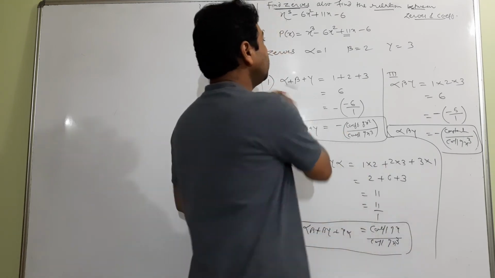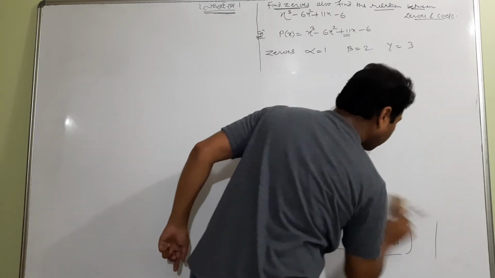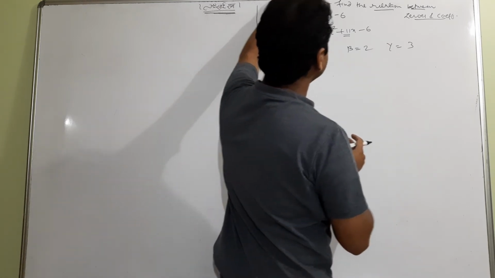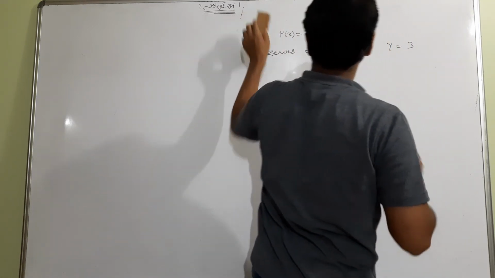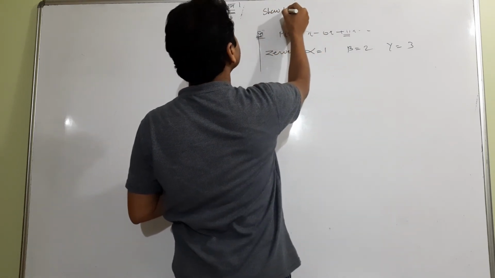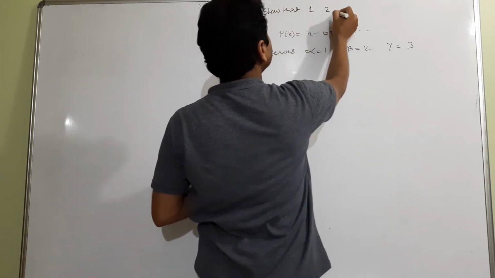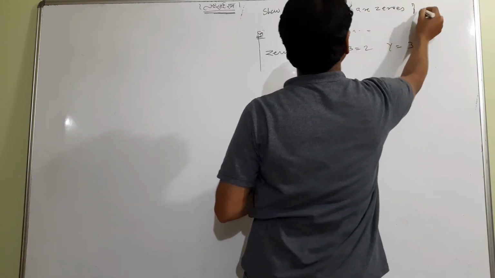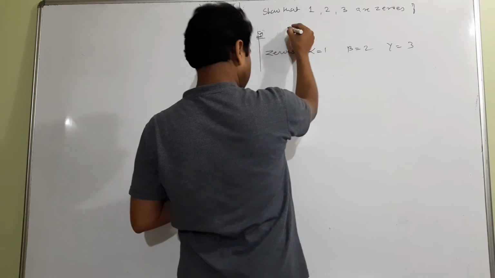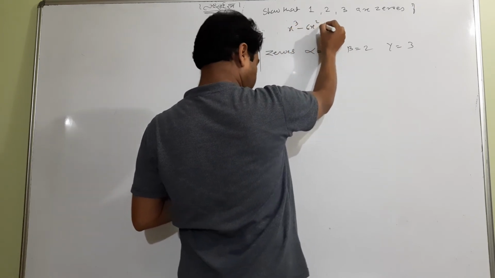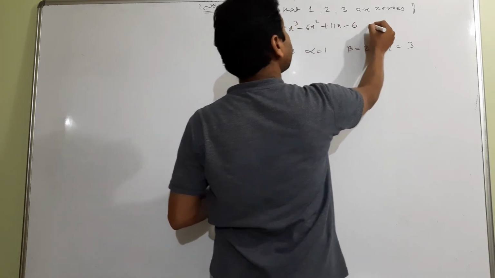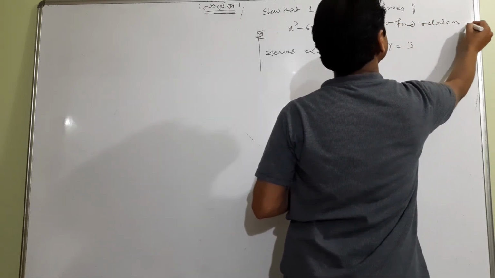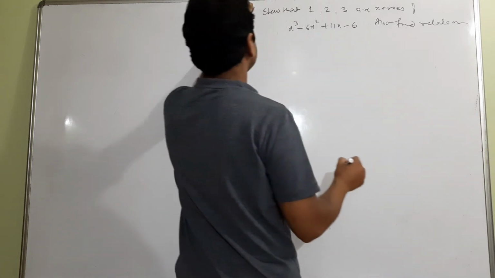But in further questions, if a question comes like: show that 1, 2 and 3 are zeros of x cube minus 6x square plus 11x minus 6. Also find the relation of zeros and coefficients. Suppose this question comes to you.